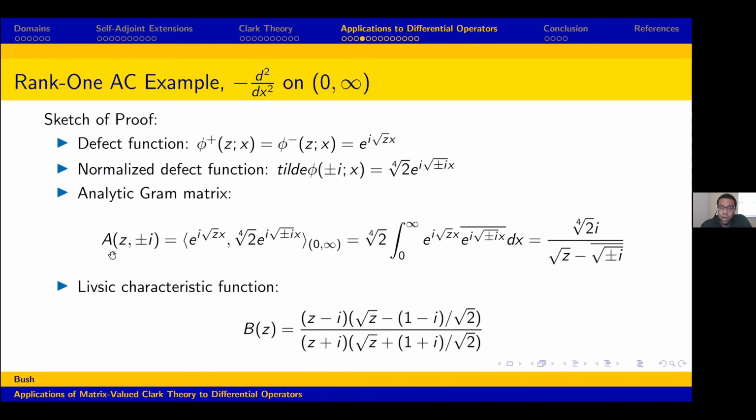And then you're going to compute the Gram matrix, which is you take this inner product against that. And then you're going to use the Gram matrix to compute the characteristic function. Now, since this is a rank 1 problem, the Gram matrix is just a scalar, a 1 by 1 matrix. Same with the characteristic matrix, it's a 1 by 1, since this is rank 1.